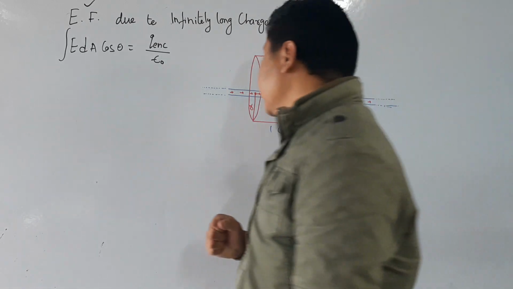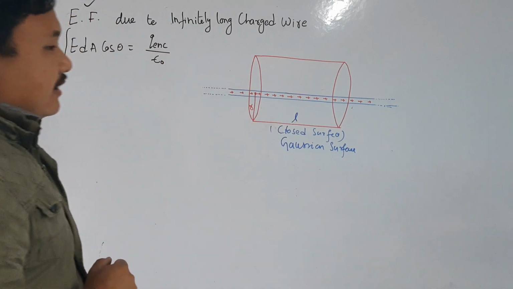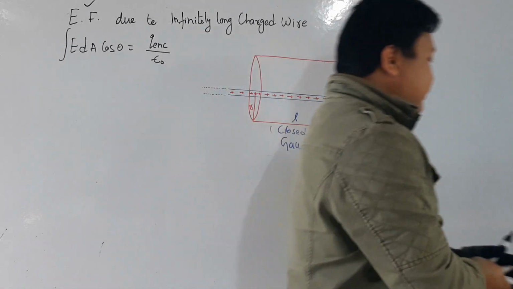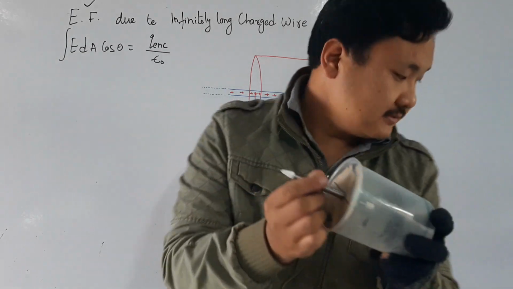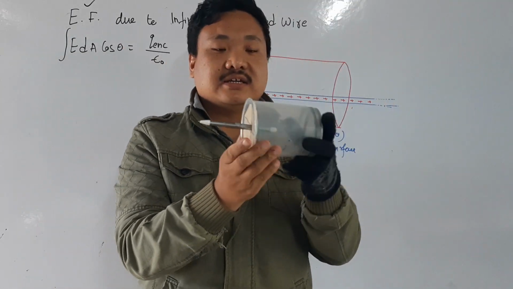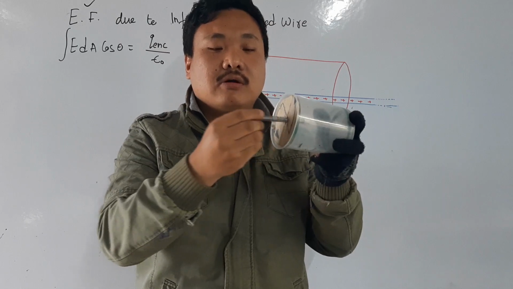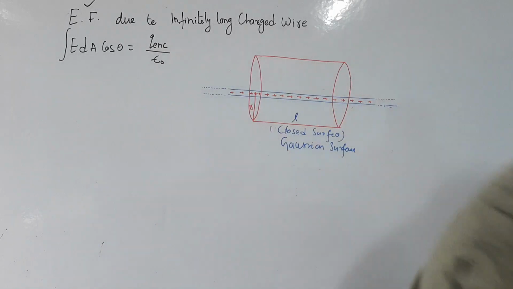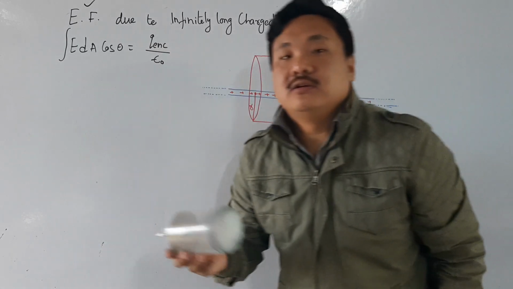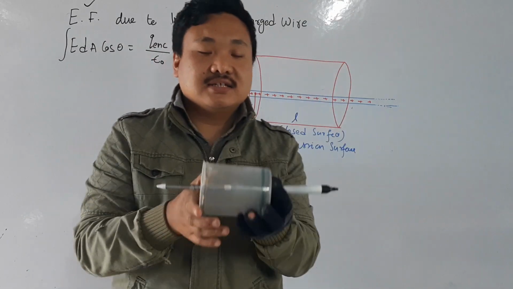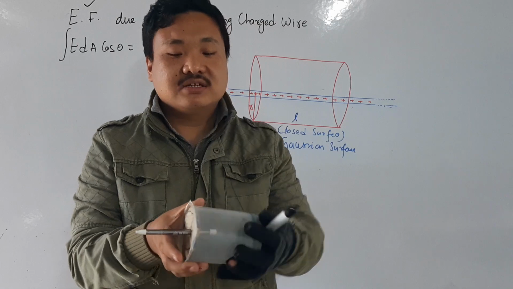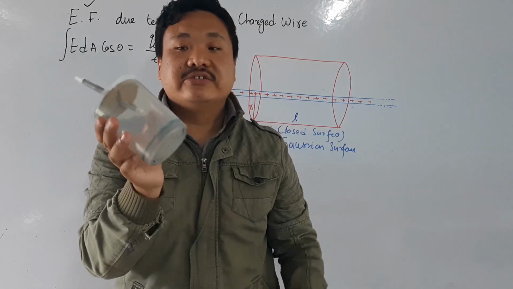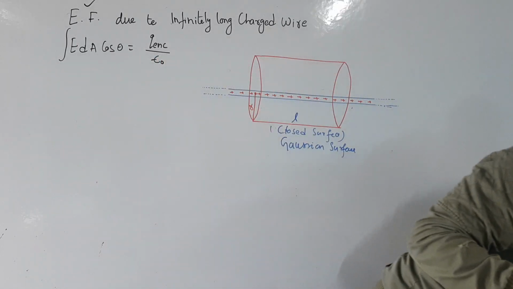Okay. Now how many surfaces are there? It is like this. This is a long wire, and here also I have a long wire. This is the charged wire, and this is the Gaussian surface, the cylindrical Gaussian surface.